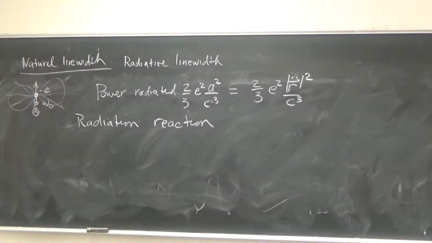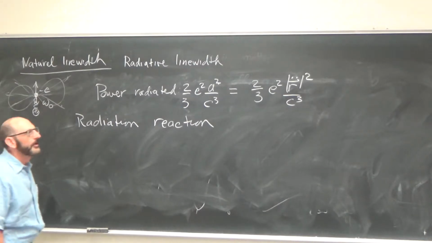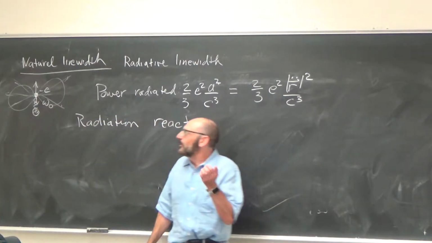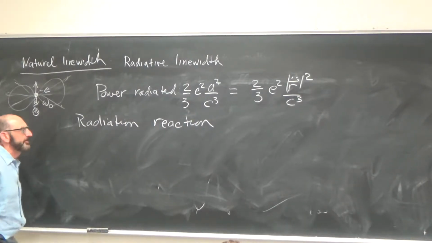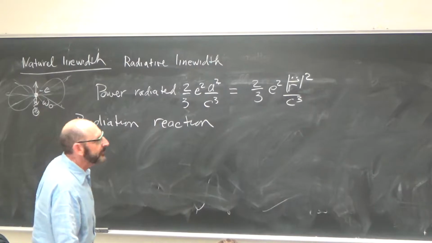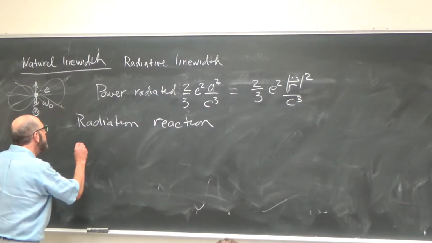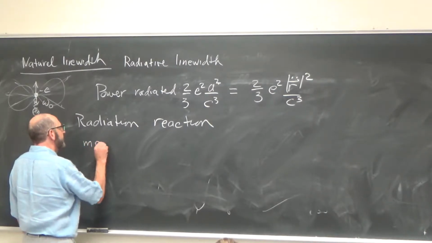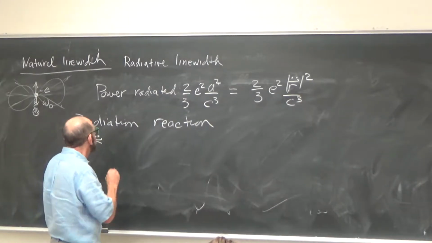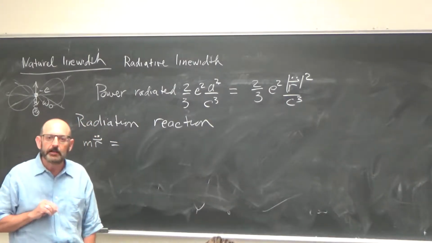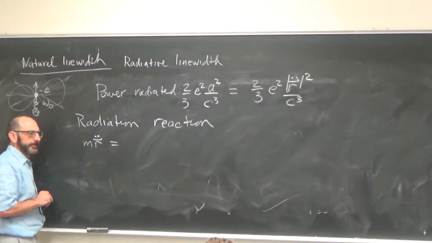I'm just going to quickly go through it, one of the last chapters in Jackson where this is discussed, or maybe it's in Griffiths, I don't even remember. But let's just quickly talk about it. So the idea here is, Newton says that the rate of change of momentum has to be the force that's acting on the system.